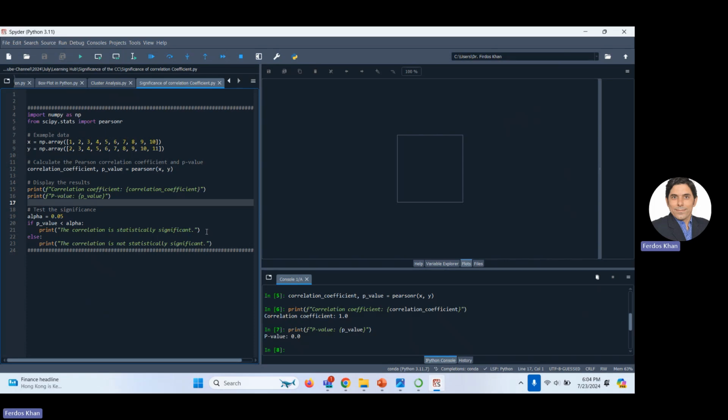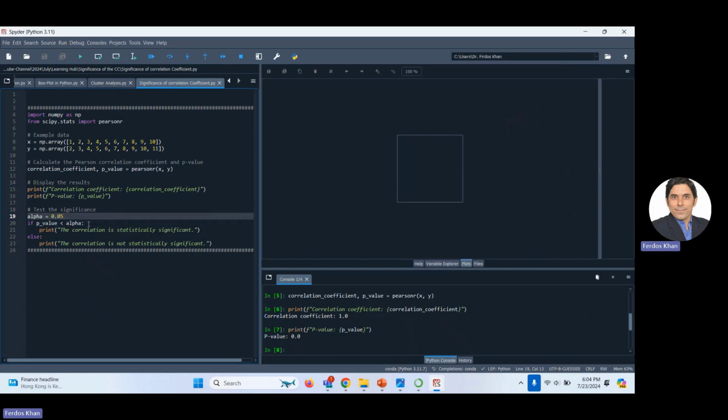Okay, so this is all about how you can test. Very simple. You can use Pearson as the function, and you can store the values in the correlation coefficient and the p-value. And for the test of significance, alpha is equal to 0.05.